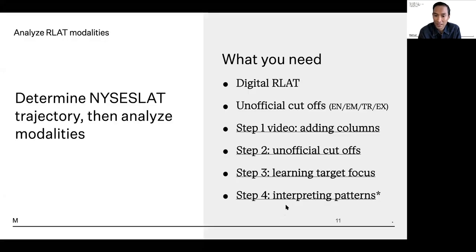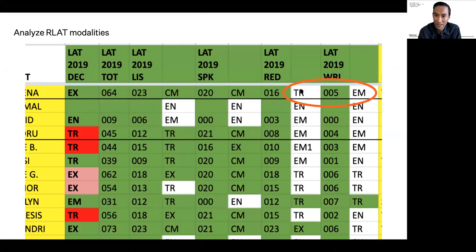So you can see that using the unofficial cutoffs, you have a deeper knowledge of the ELL here. It shows that the decision averaged out to be expanding, but that's kind of not accurate because it's an average. These scores are an average of listening and speaking, which are high, but reading and writing are low.